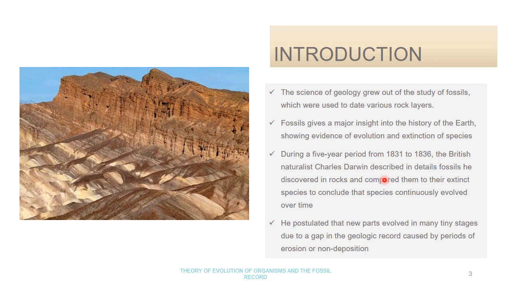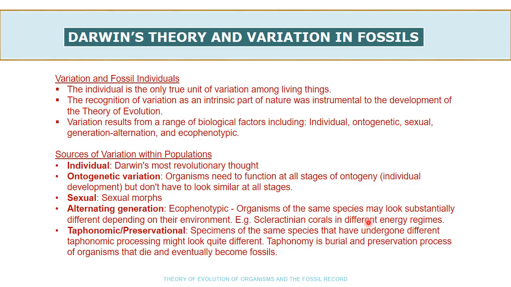And then he also noticed that the new parts or the differences they saw in these dead animals and plants vary, and the evolution is a gradual rather than a sudden change. So it was a gradual and continuous change from one form to another, and they attributed this to a gap in the geological record that might have been caused either by erosion or a period of non-transition.